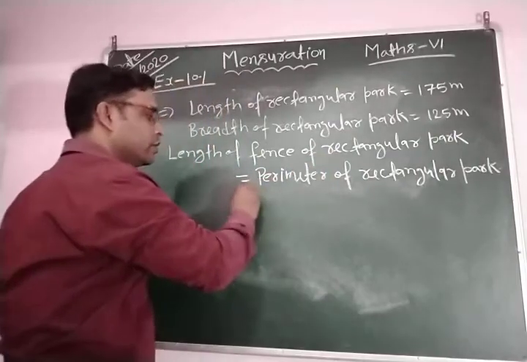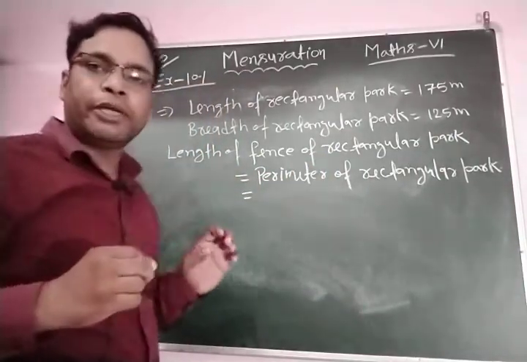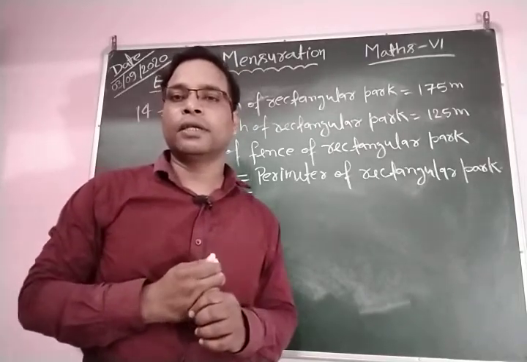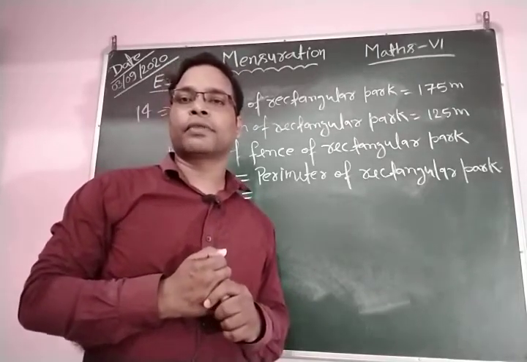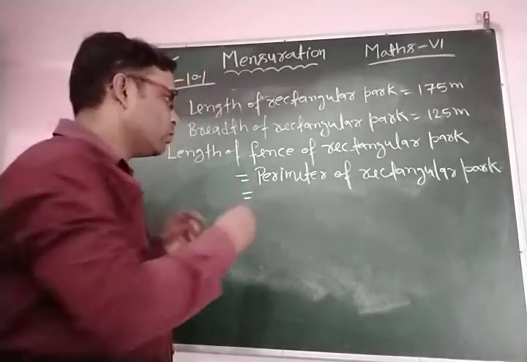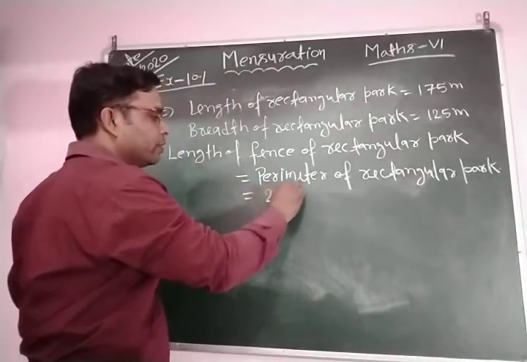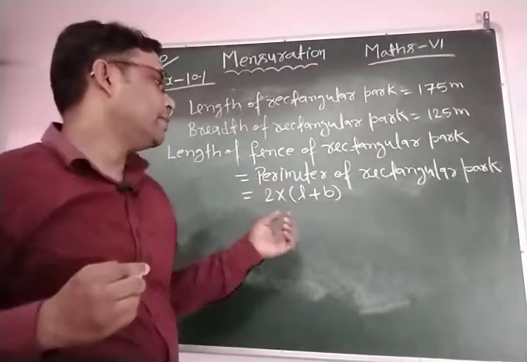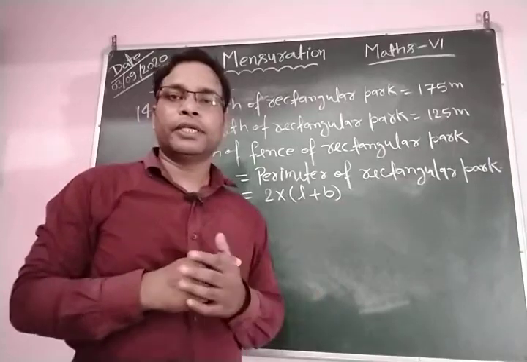Okay. Now you know very well how to find the perimeter of a rectangular park. What is the formula to find it? Yes, 2 into L plus B. You can write 2 into length plus breadth, where L represents the length of the rectangular park and B represents the breadth of the rectangular park.